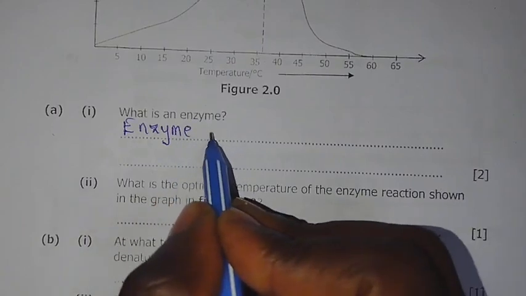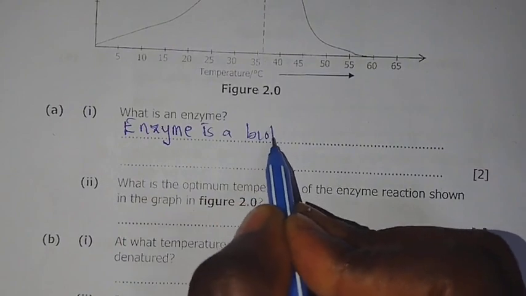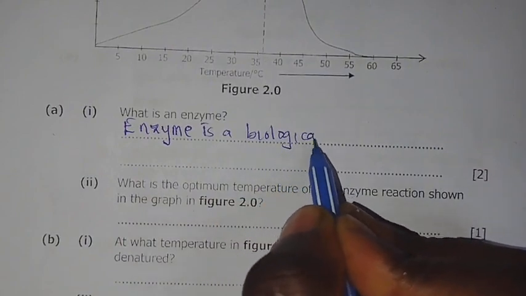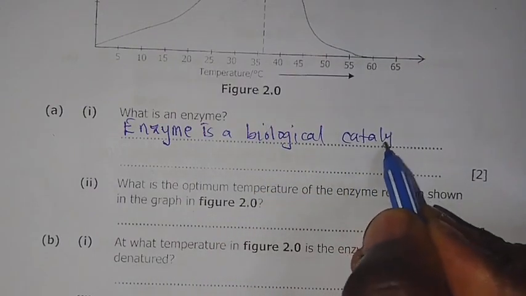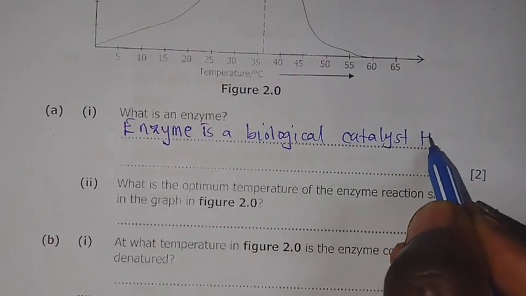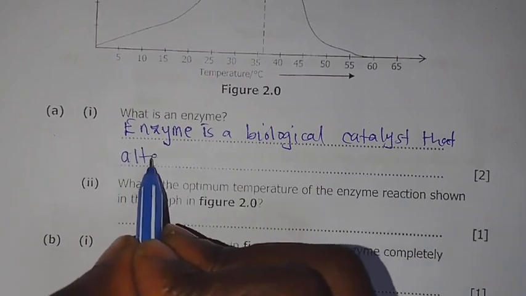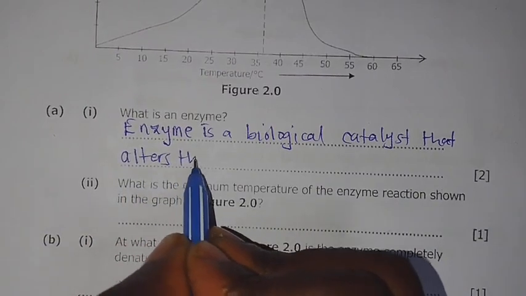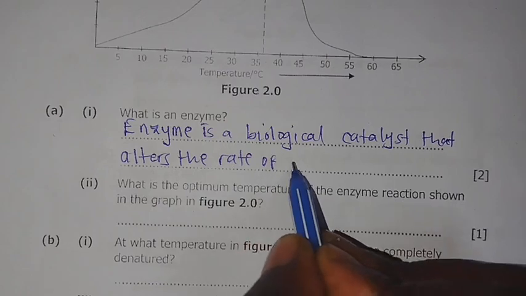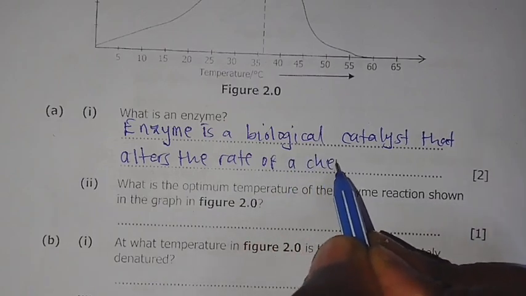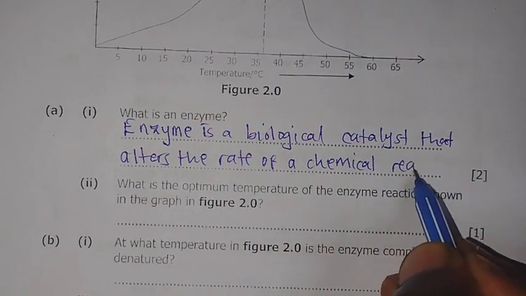An enzyme is a biological catalyst that alters the rate of a chemical reaction.